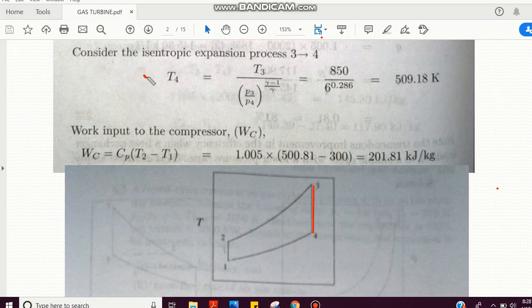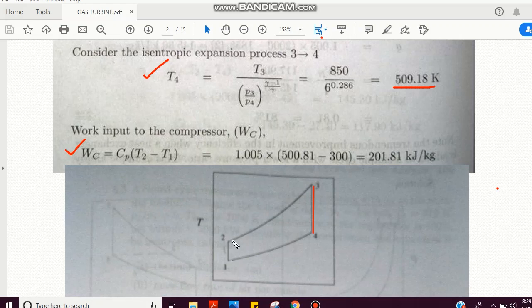So T4 is equal to T3 by (P3 by P4) to the power (gamma minus 1) by gamma. That is equal to 850 by 6 to the power 0.286. So that is 509.18 Kelvin.